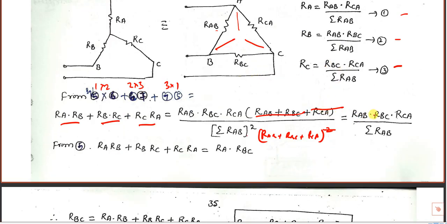From RAB and RCA, the product of these two divided by the whole thing can be written as RA, and we are left with this.